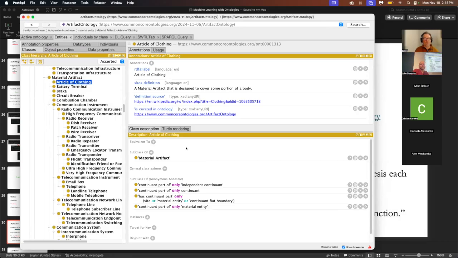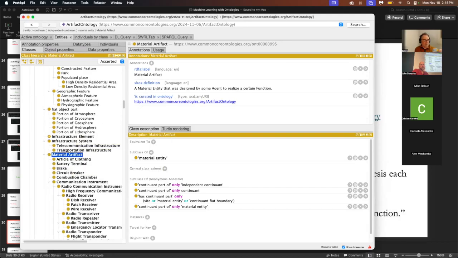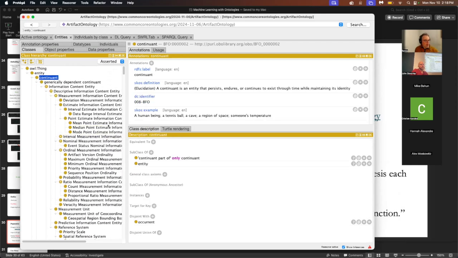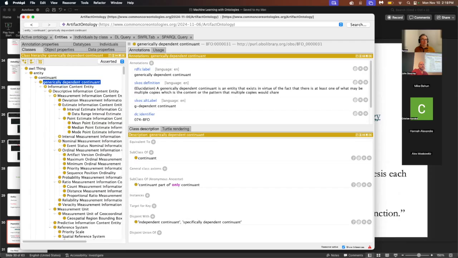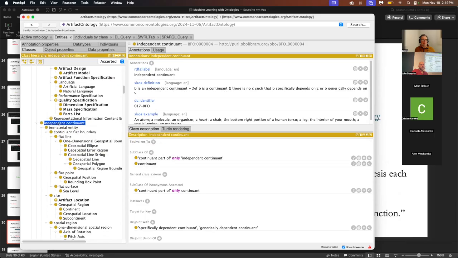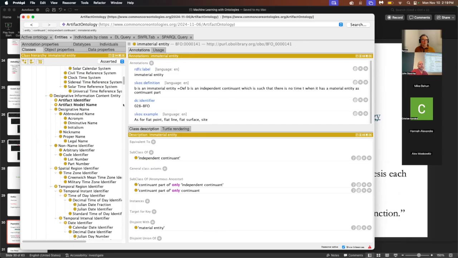When you look at BFO, I'm pretty sure in the definitions of the classes, whenever you assert a subclass using a differentia of a relationship, like you say this is a subclass of this because it's related to something in some way, that relation is also defined in BFO. But in material artifacts in CCO, there's no definition of what it means to be designed anywhere. That's right.